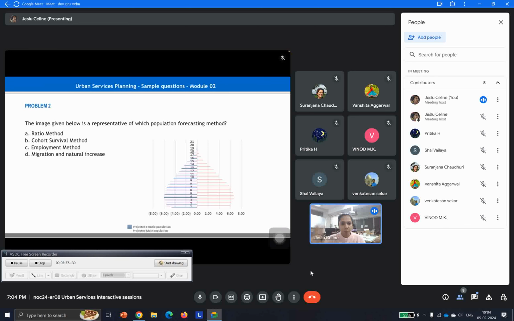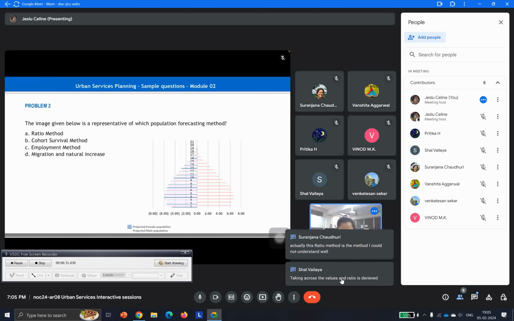Nobody? Okay. Someone said the ratio method is the one they could not understand well. Okay, fine. Then taking the values across, a ratio is derived.